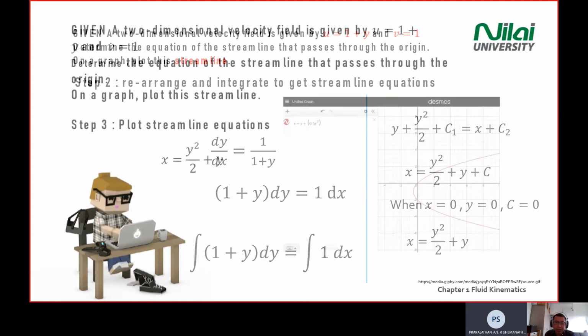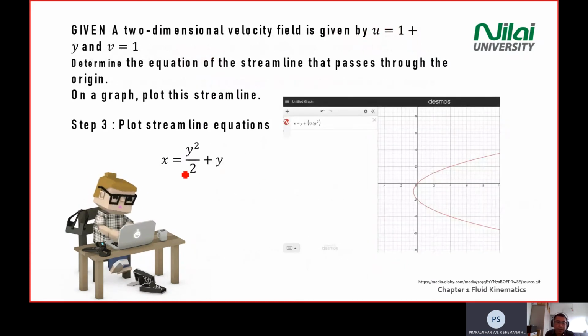Okay, good. Then plot the streamline. I already showed you how to use the online platform, and it is on the screen here. We just type in x equal to y squared plus y, or 0.5 is half, so you can use 1/2 times y squared also.